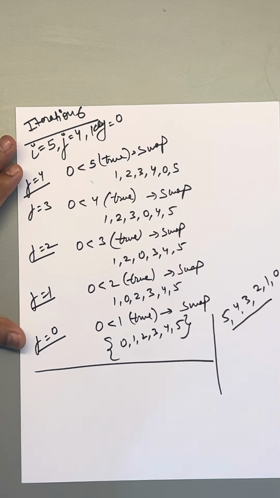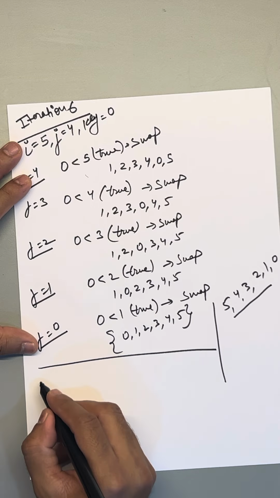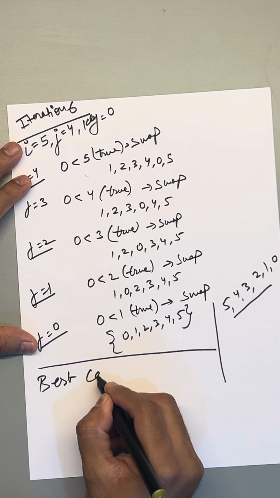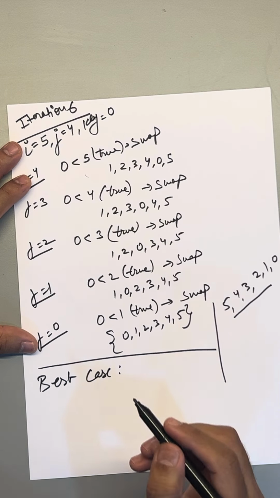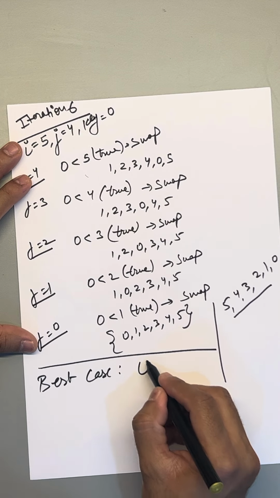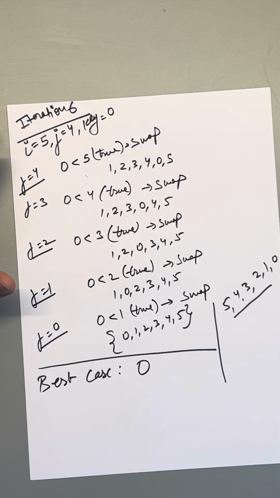For this algorithm, the best case is when the array is already sorted, so that should be big O of n.